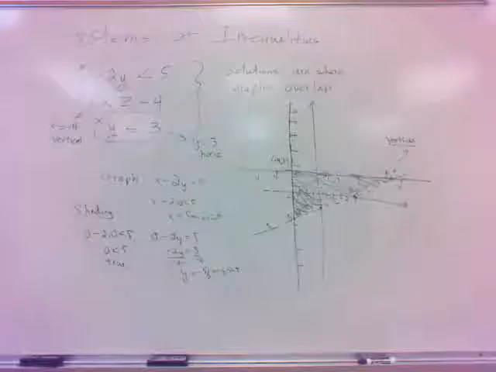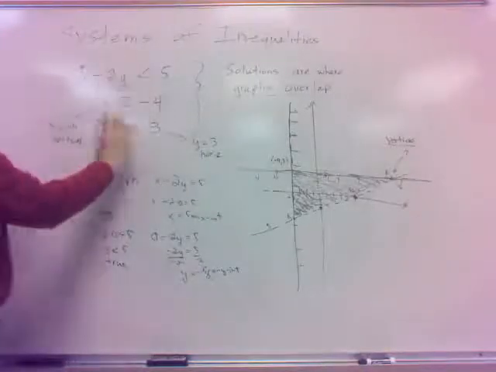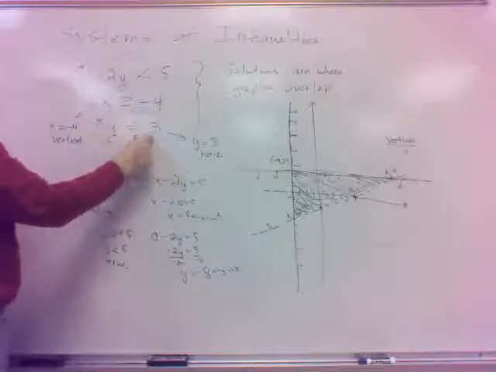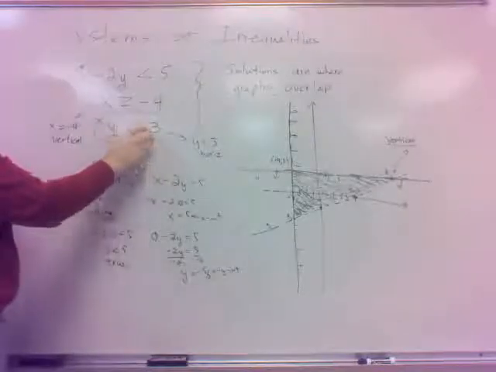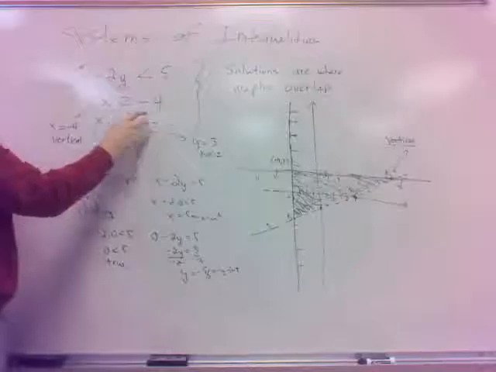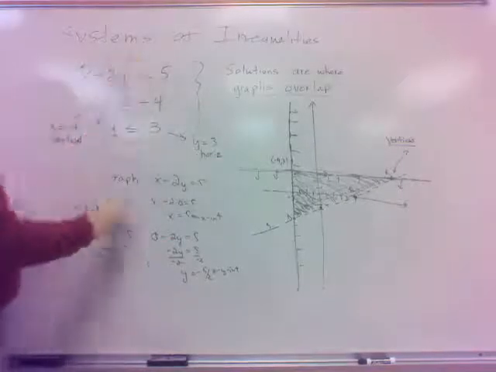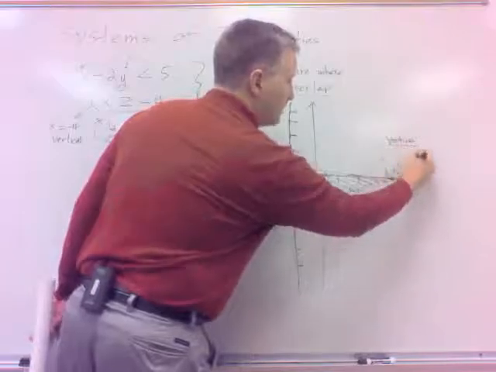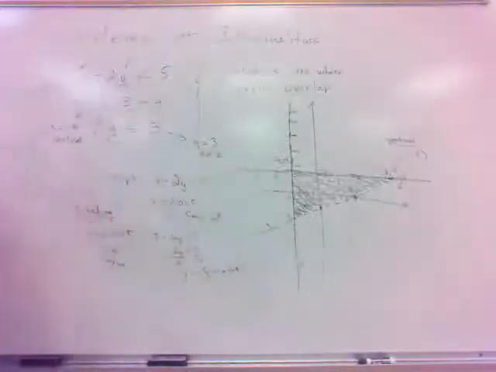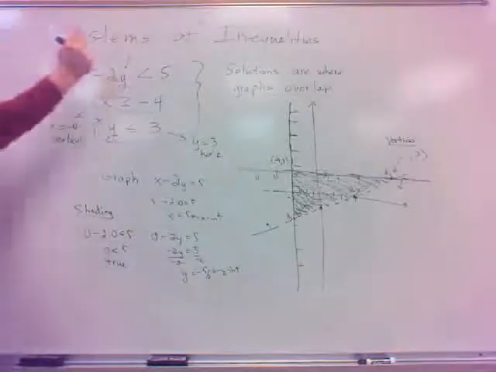Who could tell me how I could get that? Well, if you just treat it like a system, I've got y equals 3 there. So if I plug in 3, the y value would obviously be 3. To get the x value, plug in y to be 3.